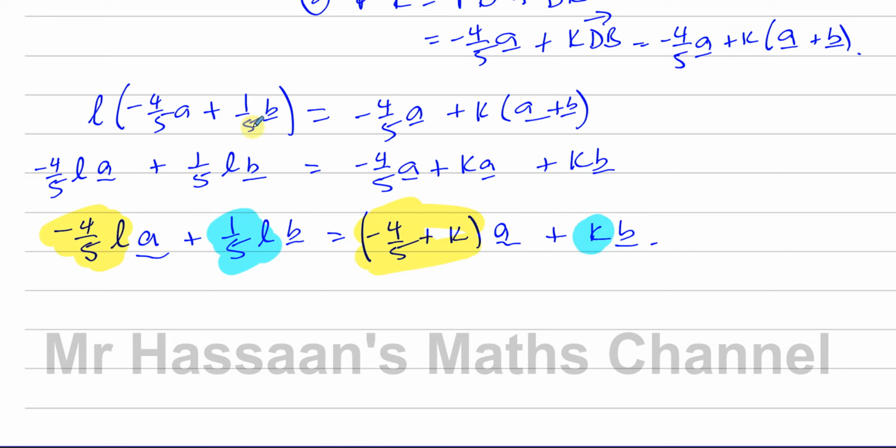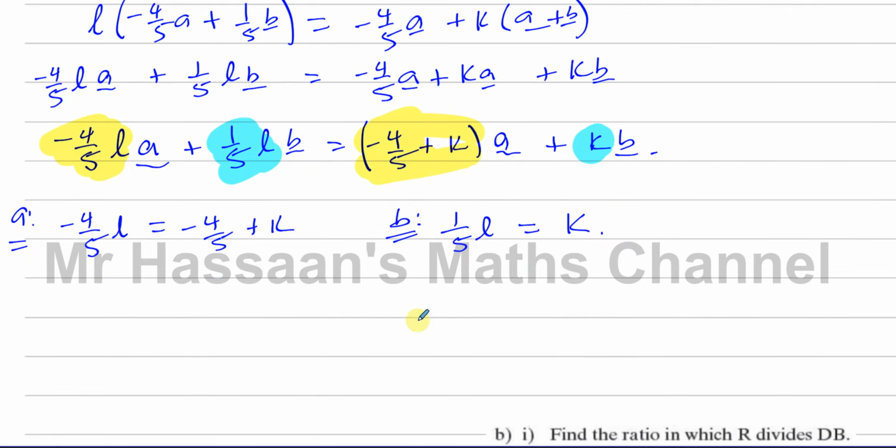So if I compare them, I can say minus 4/5 L must be the same as minus 4/5 plus K. And from here I can say 1/5 of L must be the same as K. This is comparing the A components, and this is comparing the B components. Now I have these two which I can solve simultaneously.